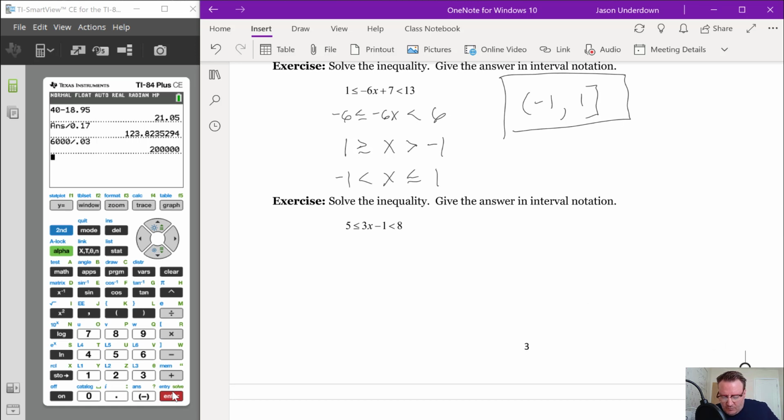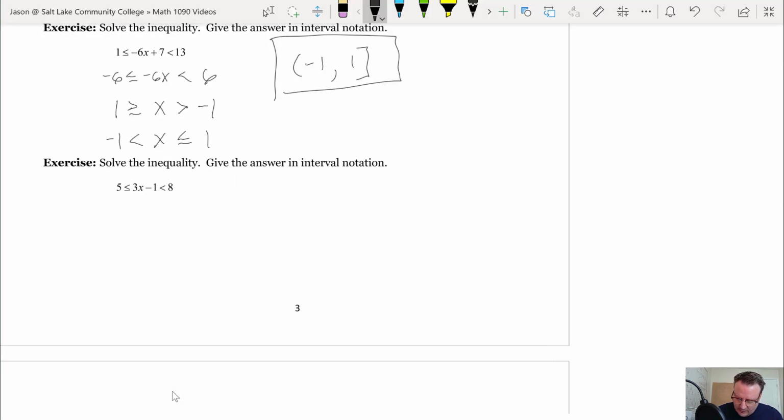In case you don't believe that what I did was legit, let's just do it out again, but I'm going to break it up into two inequalities. We could do it like this, right? Let me make this bigger.